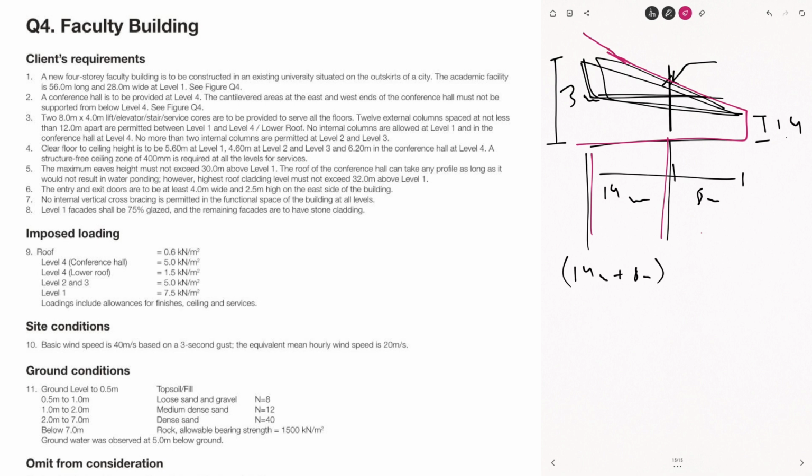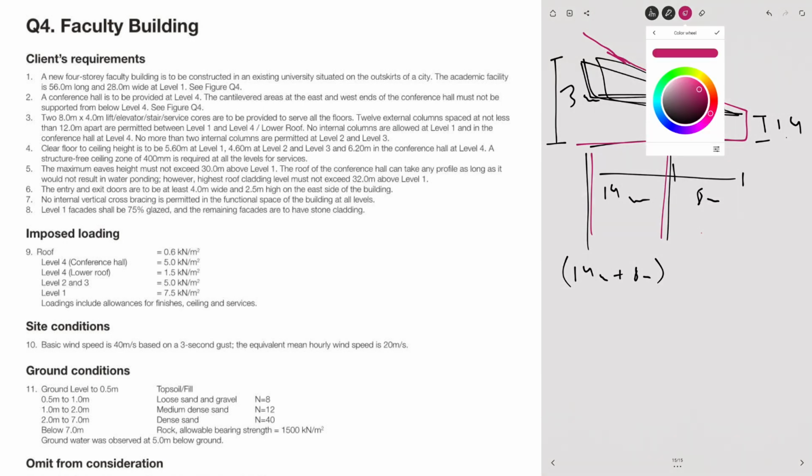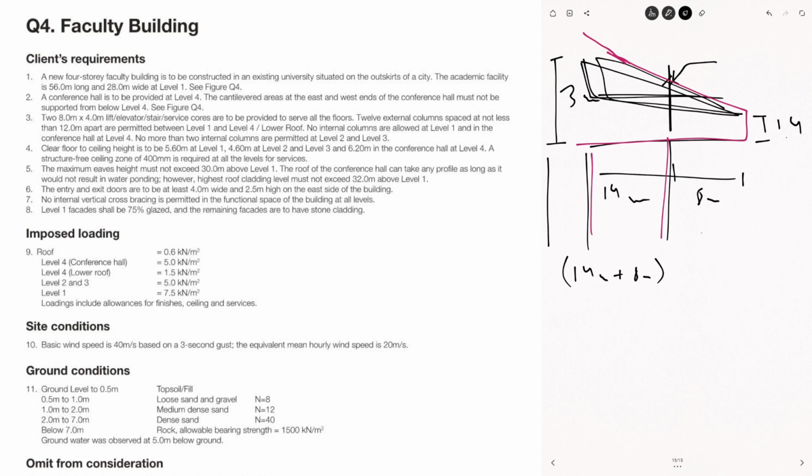And then these are the two edge columns. Then there's two more columns here and the other one. But basically, this is the middle of the building, which is symmetrical. Okay, I'll make it simpler again.